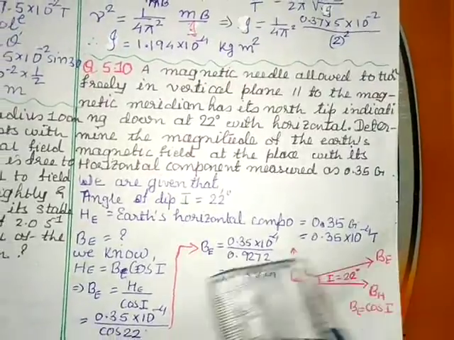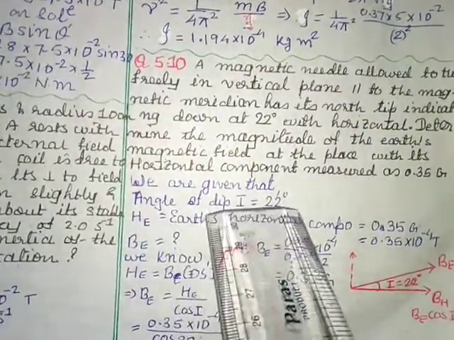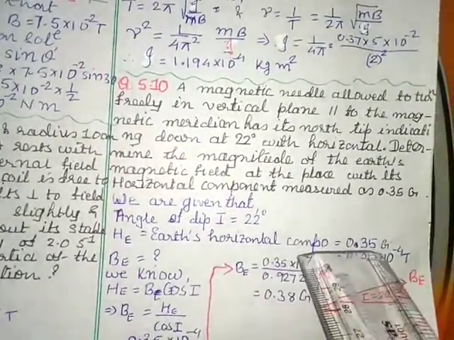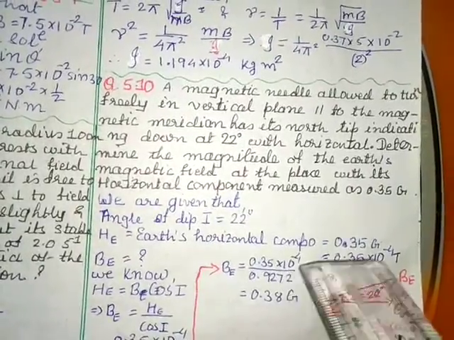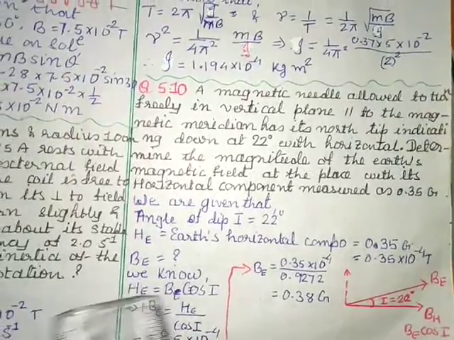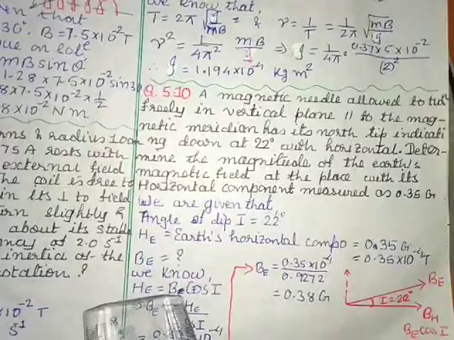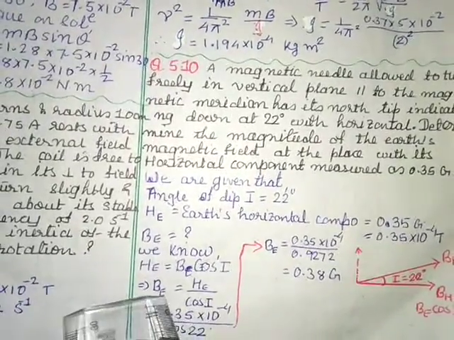We have got the formula. We are given that the angle of dip I is equal to 22 degrees. HE, that is Earth's horizontal component, is 0.35 Gauss. You write in Tesla: 0.35 into 10 to the power minus 4 Tesla. And we have to find BE. Now we know that HE is equal to BE cos I. So HE by cos I equals BE.